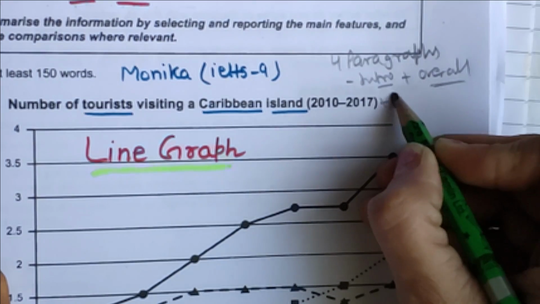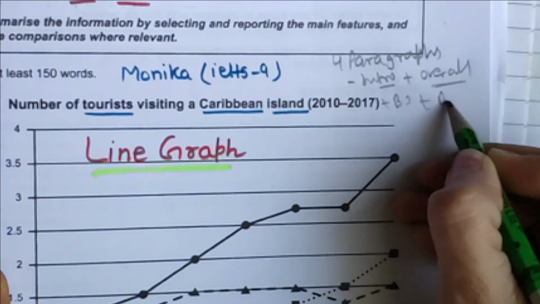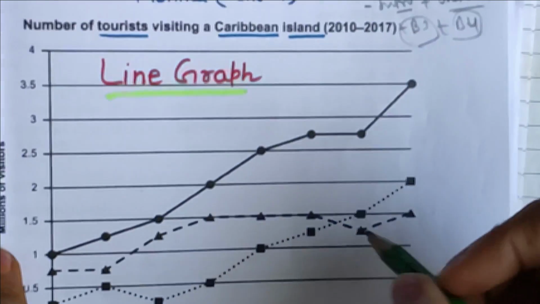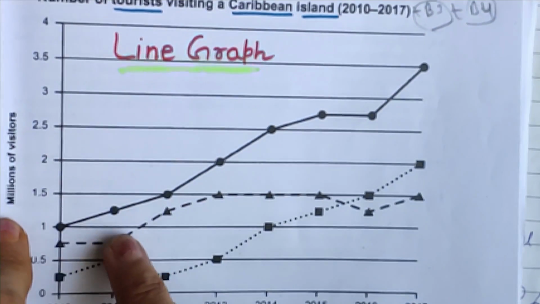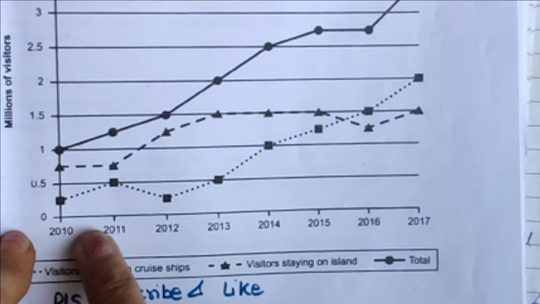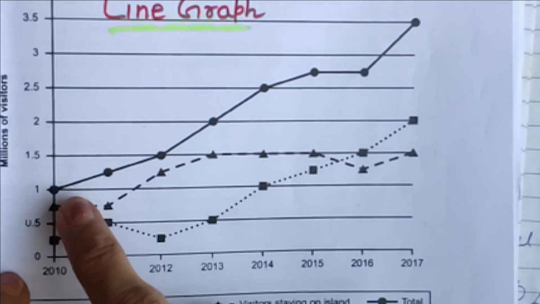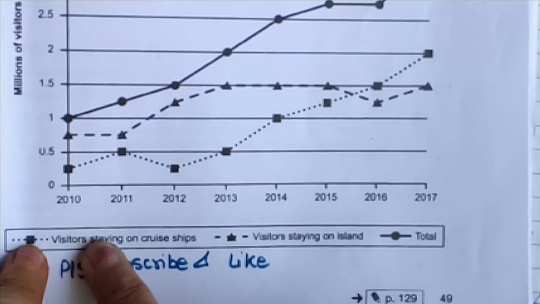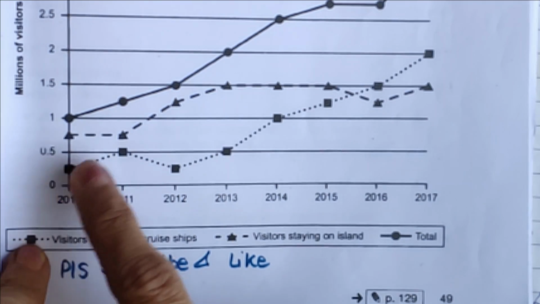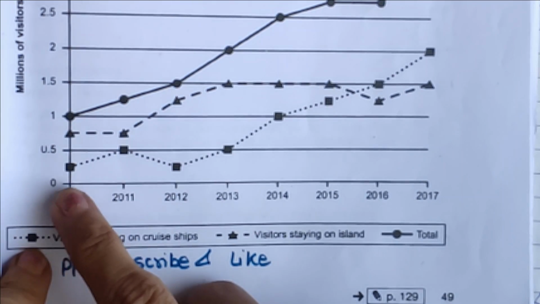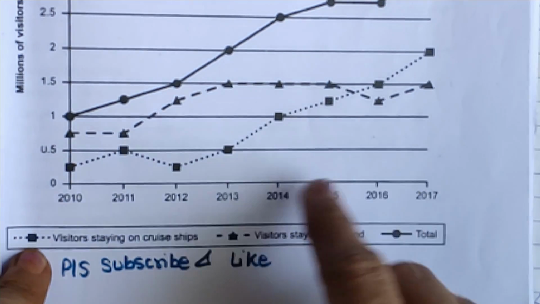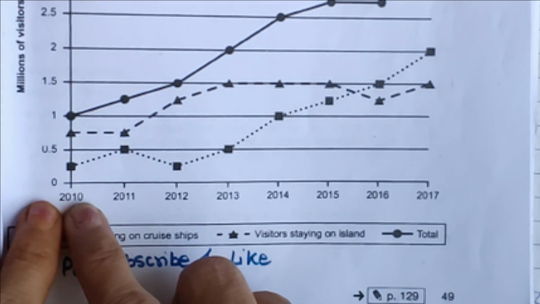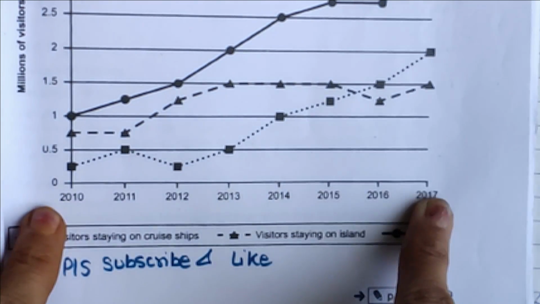Now third will be body paragraph 3 plus body paragraph 4 about the details. So it is also about how you are going to add details. You can go year wise, or you can write graph wise. If you take this first graph, then you will be talking about the first graph by taking these years separately, or you can combine 2 or 3 years, but you need to tell how it started and how it finished.